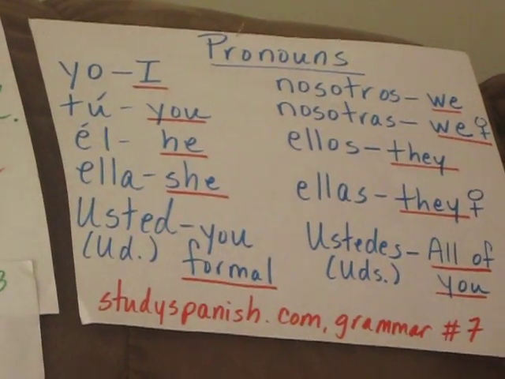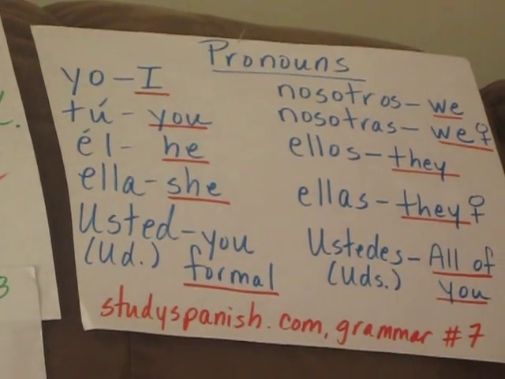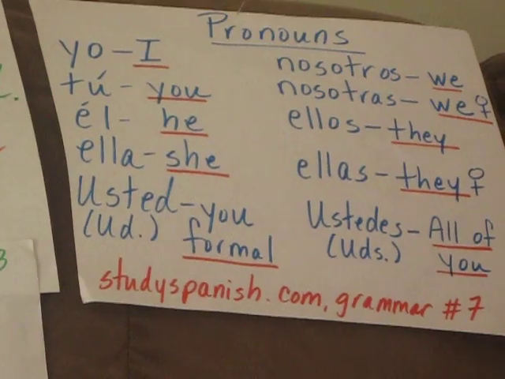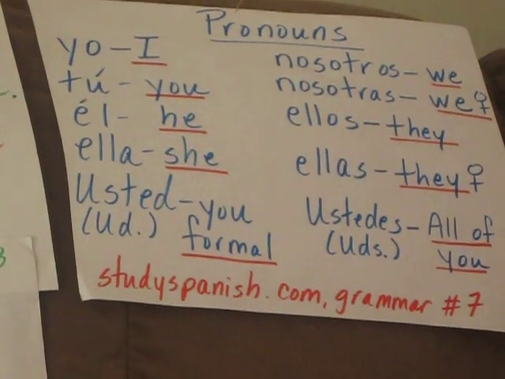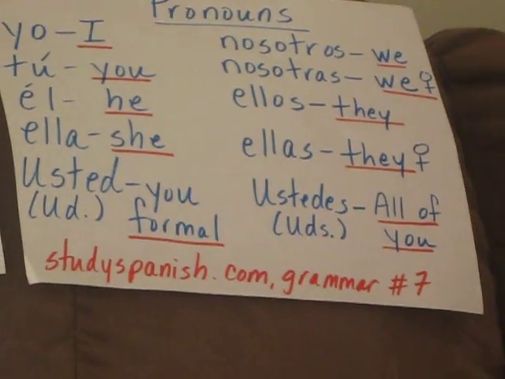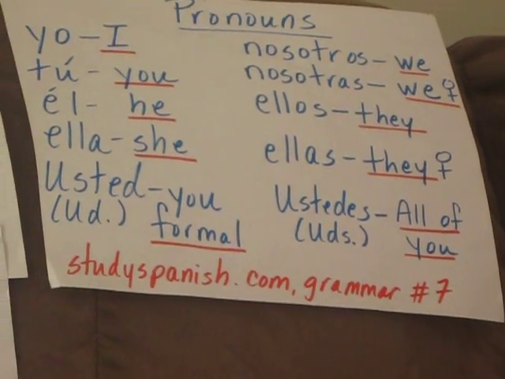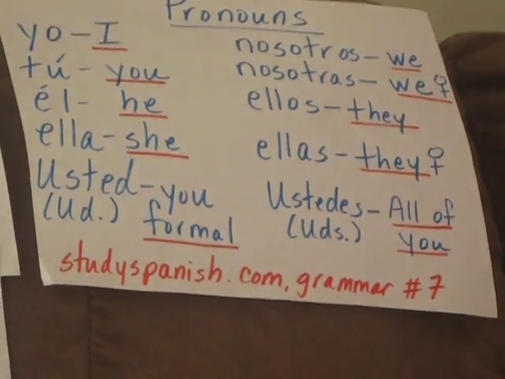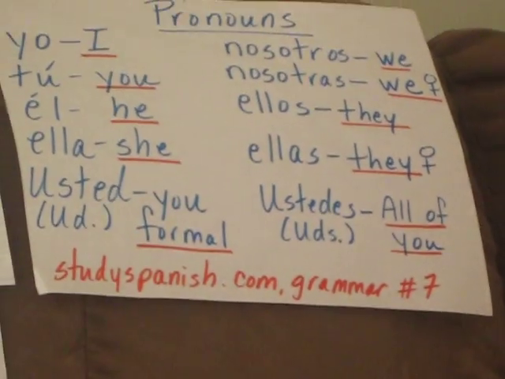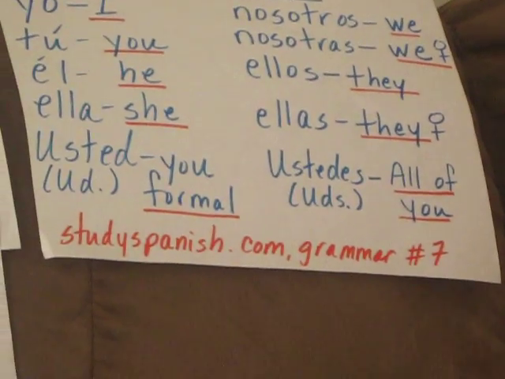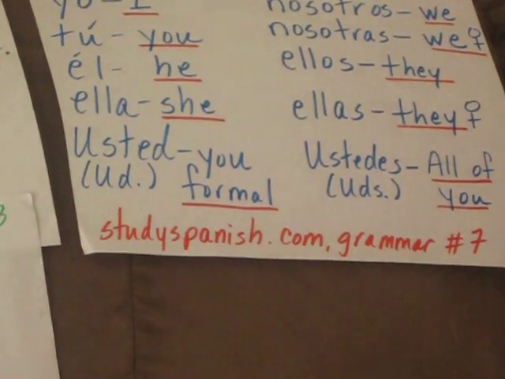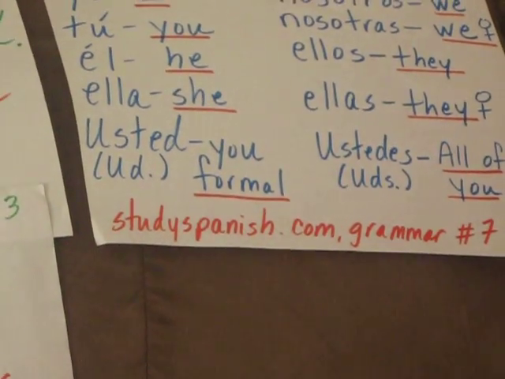Yo means I, tú means you, él, he, ella, she. Usted is you formal. Okay, remember the difference between usted and tú. Nosotros is we, nosotras is also we if it's all girls, ellos is they, ellas is they if it's all girls, and ustedes is all of you. If you want to review this, you can go to studyspanish.com, grammar number 7.